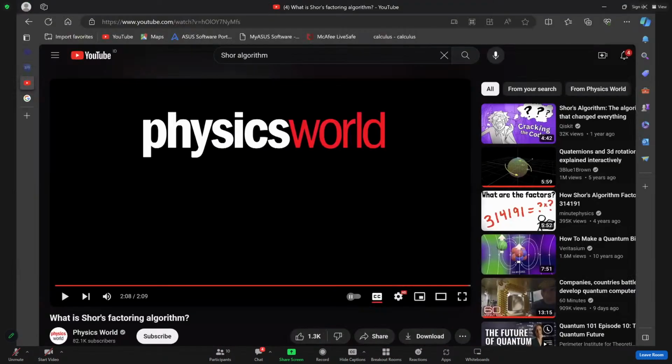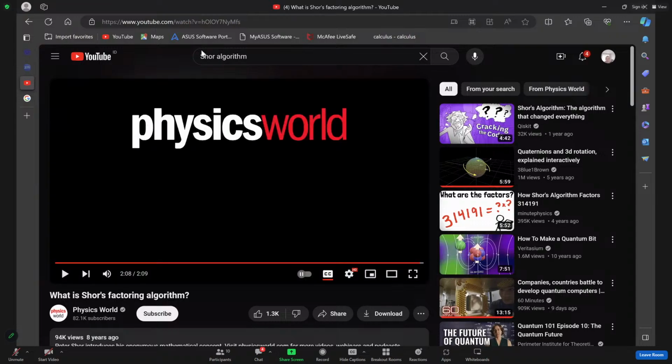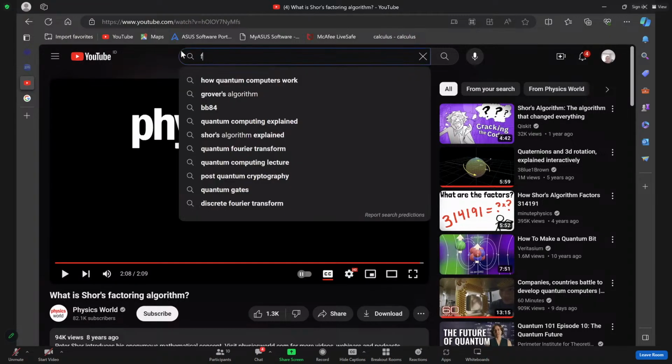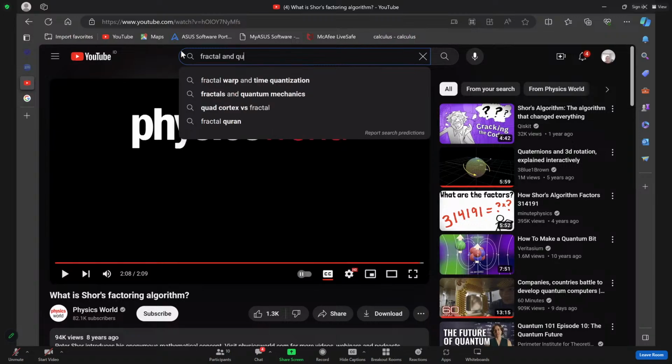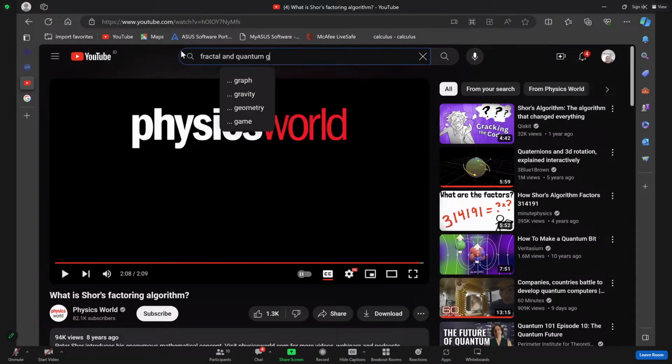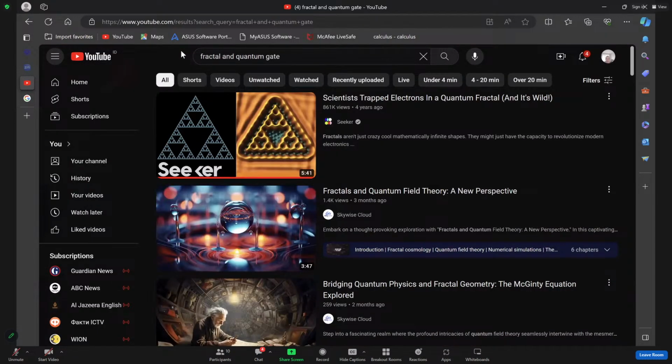Shor's algorithm basically breaks the encryption. So fractal and quantum gate. Is there any link? I don't see the link.